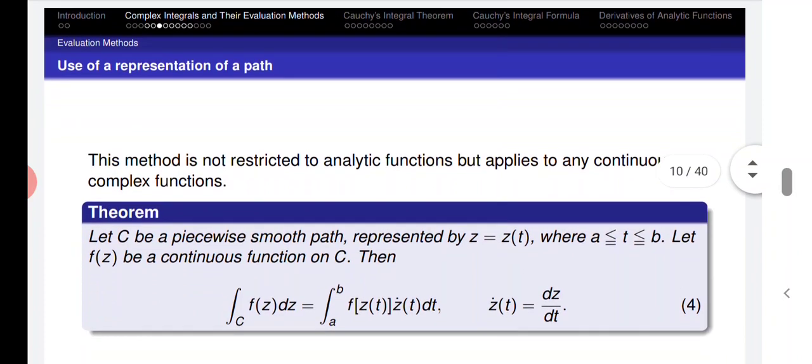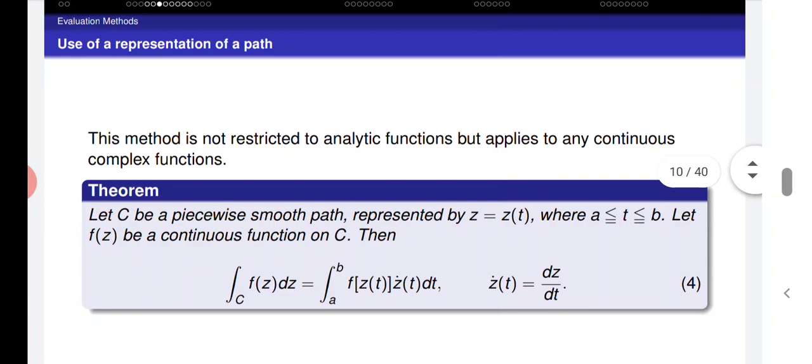Now we must note one interesting point, that this method is not restricted to analytic functions but applies to any continuous complex functions. Now we have another theorem. Let C be a piecewise smooth path represented by z = z(t), where t lies between a and b.